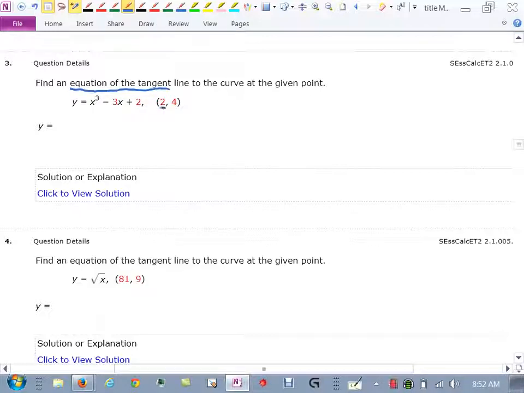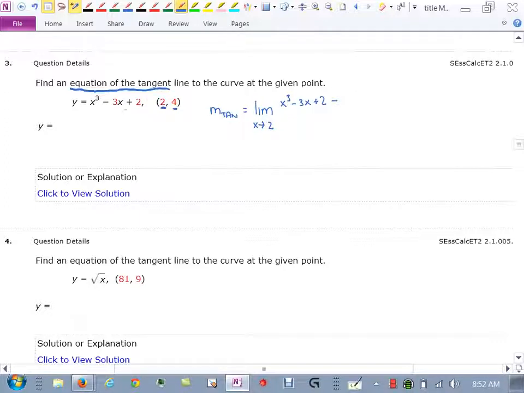First of all, remembering I have 2 and 4 here, what I want is the slope of the tangent line, which will be the limit, this time as x approaches 2, of f of x, which was x cubed minus 3x plus 2, minus f of 2.